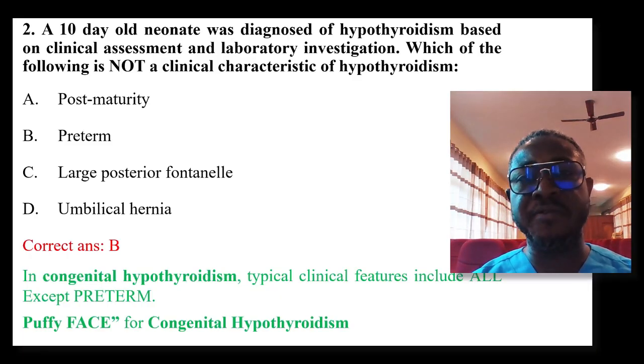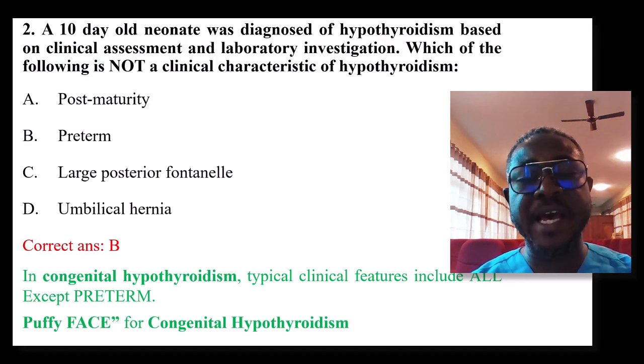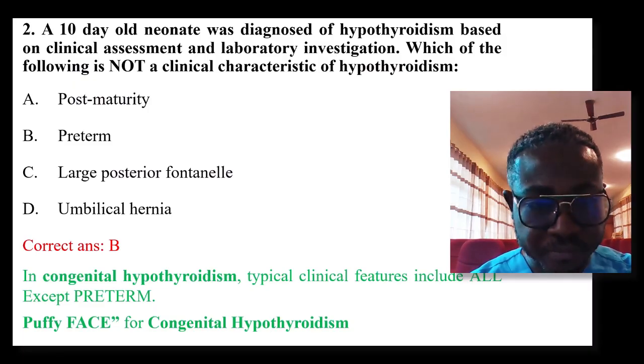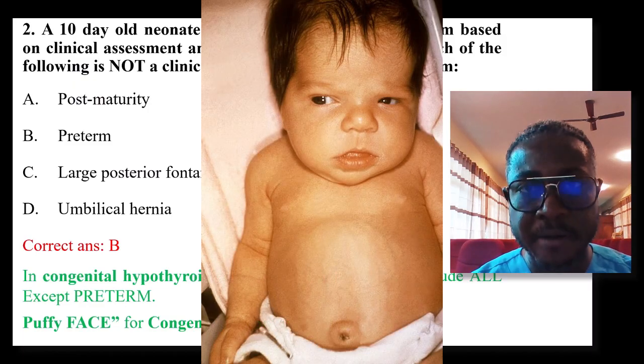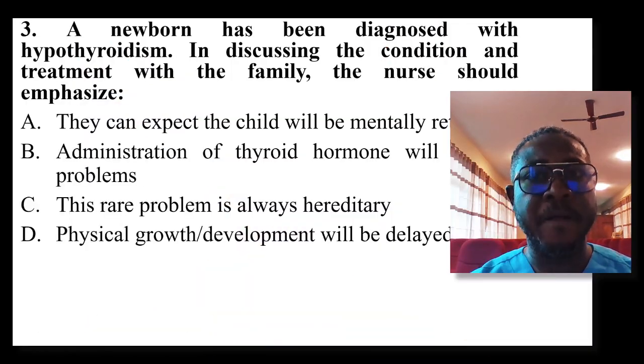The A stands for ascites; as I said, the baby is going to be edematous. The C stands for constipation. That means in hyperthyroidism, we expect the baby to have diarrhea. The C again also stands for coarse face. And the E stands for enlarged tongue, which is macroglossia.